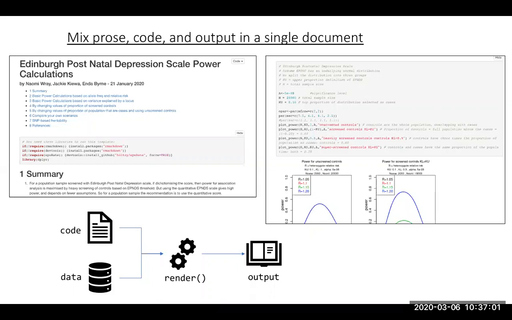Normally you've got a code file and some data, and then you undergo a render step that will output something like a web page or a PDF with all of your data. This is an example of a power calculation notebook from Naomi Ray.